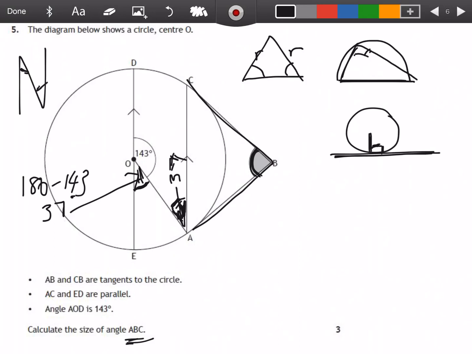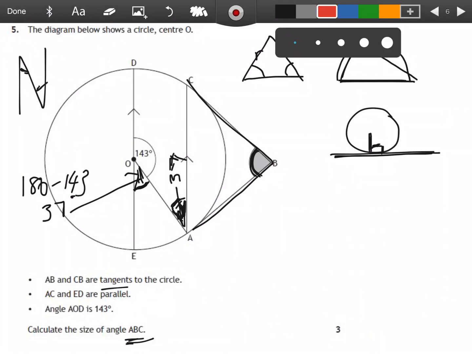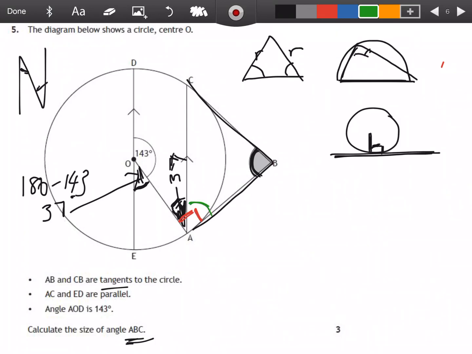Now it mentions tangent. It's not just there for no reason. The tangent, line AB is a tangent. I'll see if I can put it in a different colour. There we go. That means this in total is 90. Now if that's 90 in total and part of it is 37, then what's the green bit beside the 37?